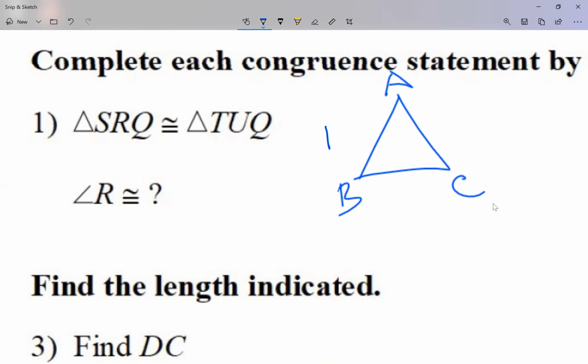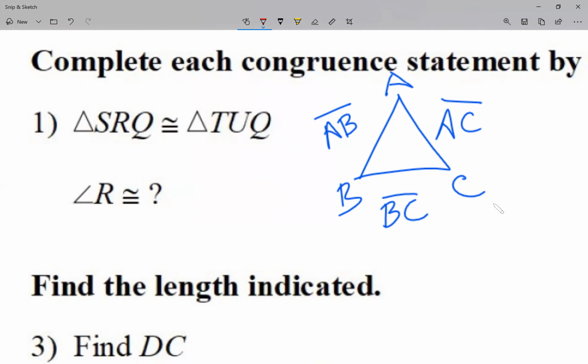So for one side, I can call this side AB, and I'm going to draw a segment on top. I could also call it segment BA, right? AB, BA, the order of the letters does not matter. Another side, I'm going to call this AC or CA. And then the third side, I'm going to call this BC or CB. Once again, the order of the letters does not matter. This is how we're going to label sides.